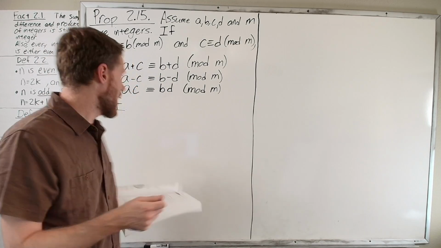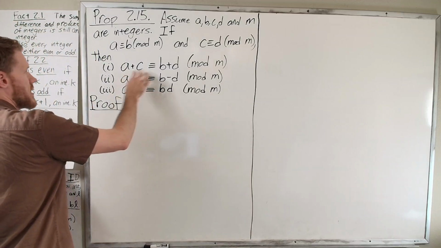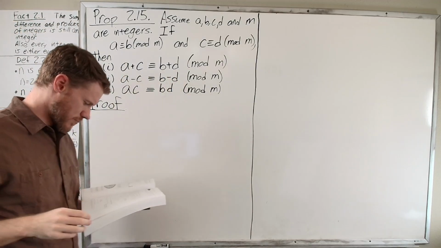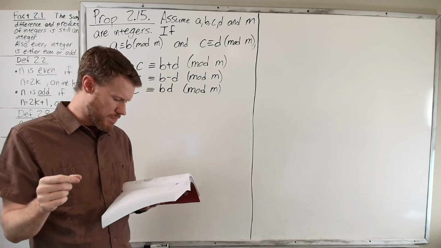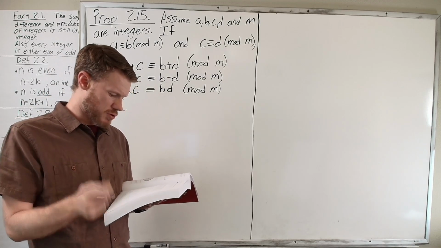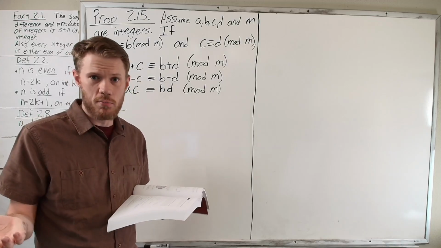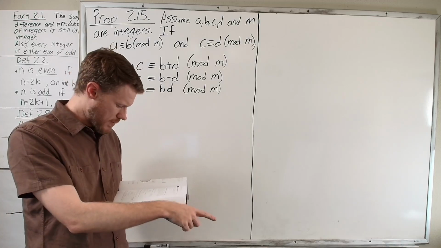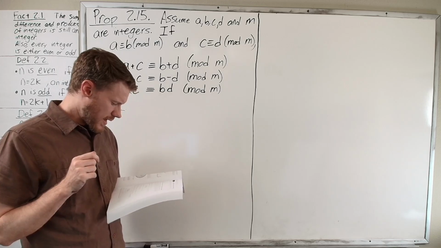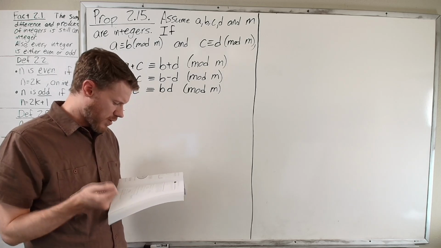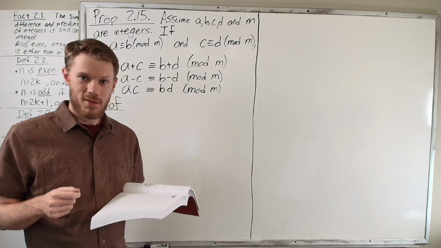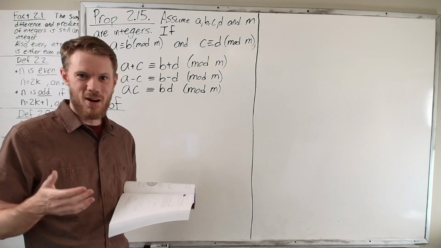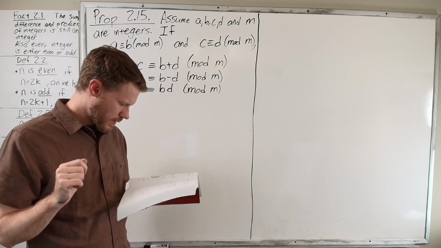If we want to prove part I, that A plus C is congruent to B plus D, then here you go. We're going to assume that A is congruent to B mod M and C is congruent to D mod M. So that's going to be the start of our proof. And you can see at the bottom there, what we want to do is conclude, therefore A plus C is congruent to B plus D. Okay, so we're starting to fill in our direct proof outline.